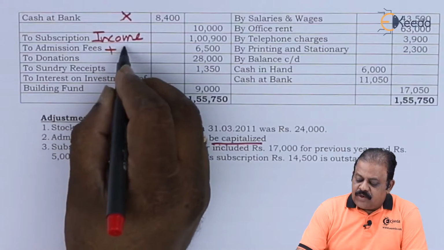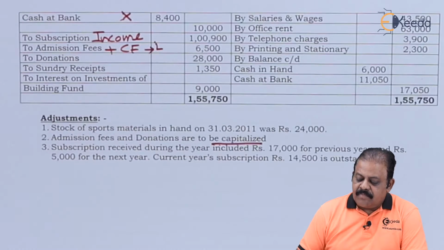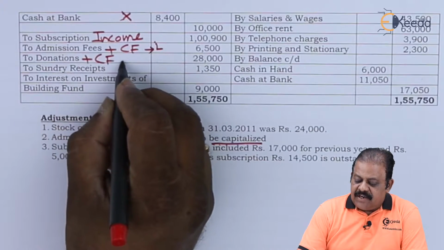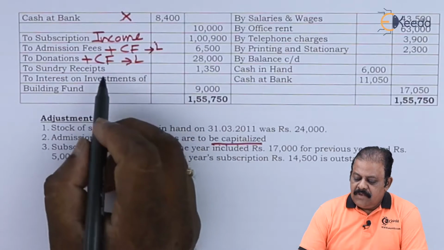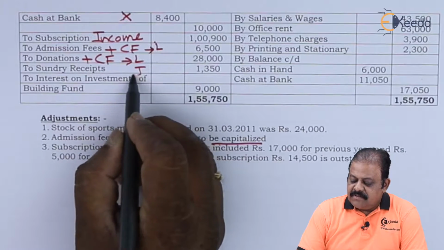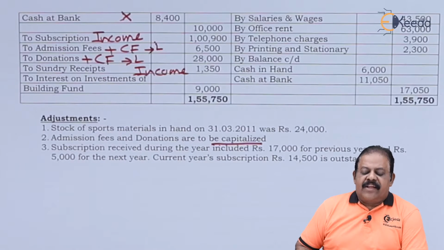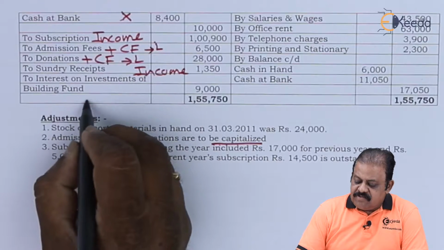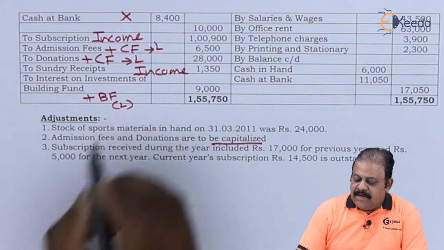So this will be added to capital fund on the liability side. Donations also added to capital fund on the liability side. Sundry receipts, those will be recorded as income. Interest on investment of building fund. This will be added to building fund on the liability side.